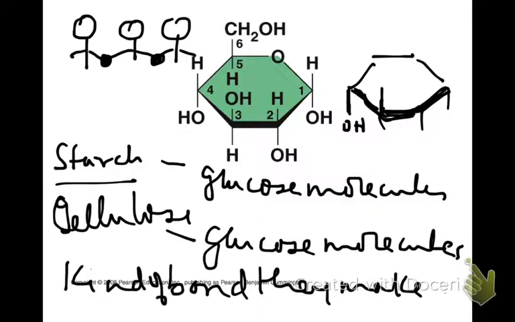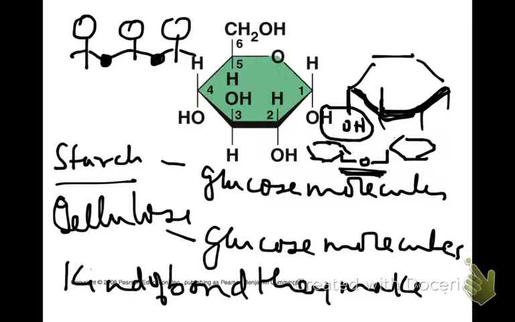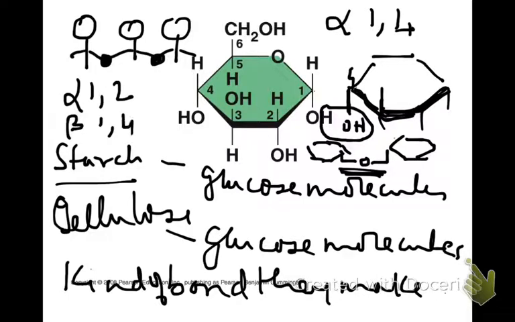Between the two they will lose a water molecule, and you will have a structure with this glucose here and this glucose here. Got it? So this is the 1 carbon of this glucose and the 4 carbon of this glucose. So you have something called an alpha 1,4. You can also have something like an alpha 1,2 or a beta 1,4, depending on the position and the way the glucose molecule is oriented.